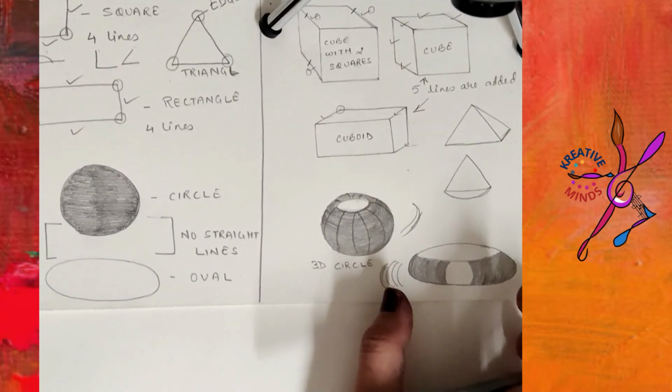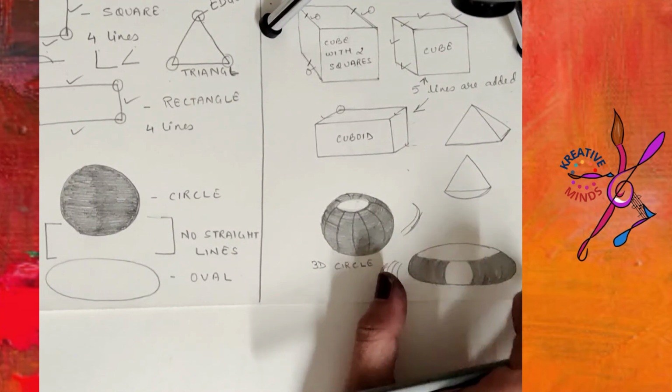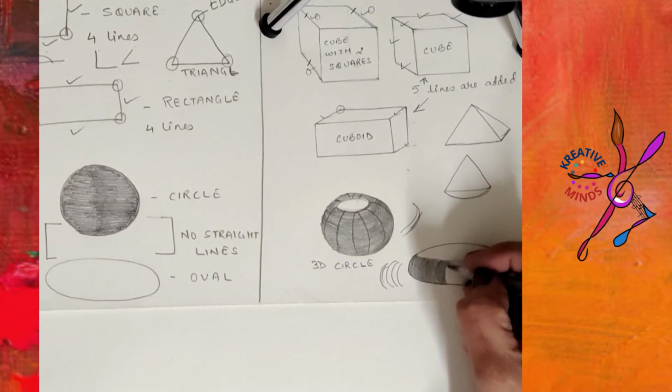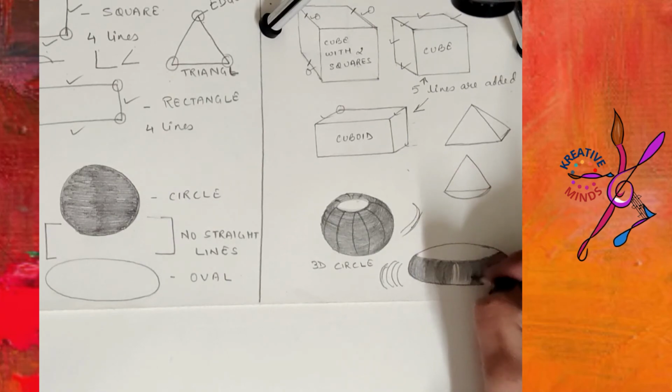Now see, as I approach this part, my curves will start becoming a little straight, because it's starting to meet in the center. Absolutely correct. Like how we color the apples and the fruits, or any fruit for that matter, even the apple basket.